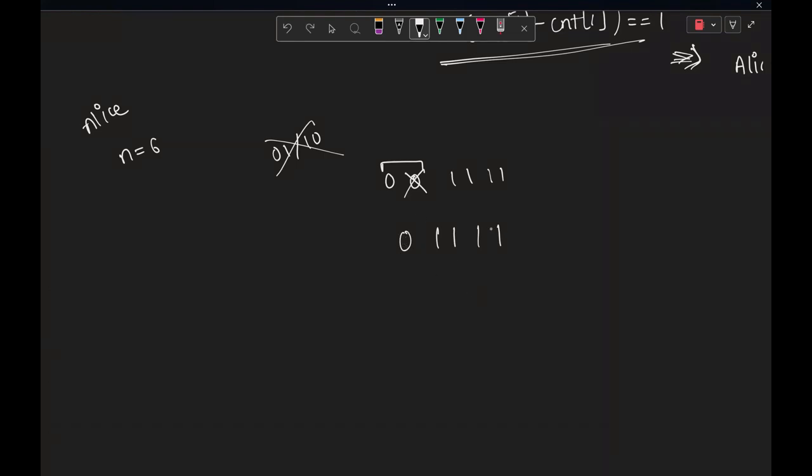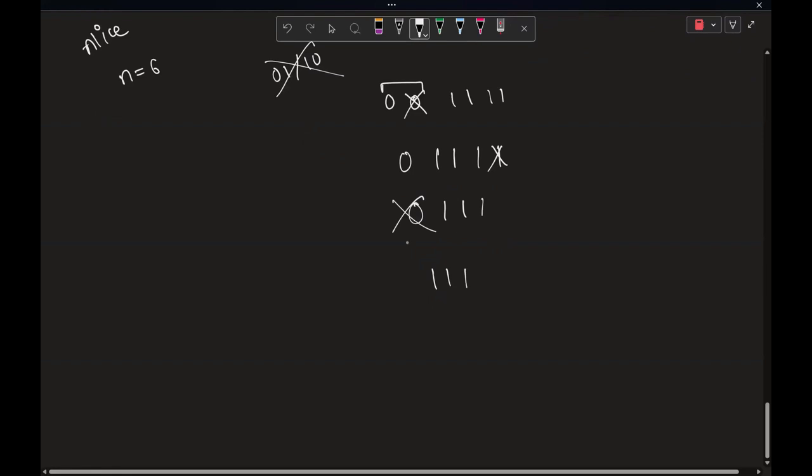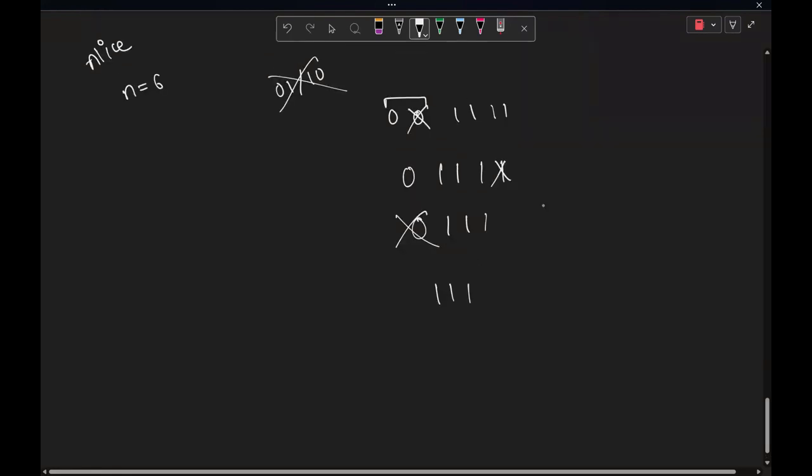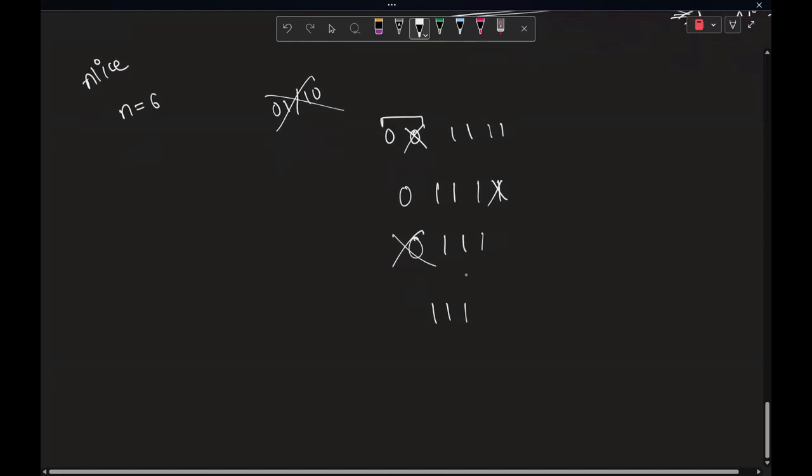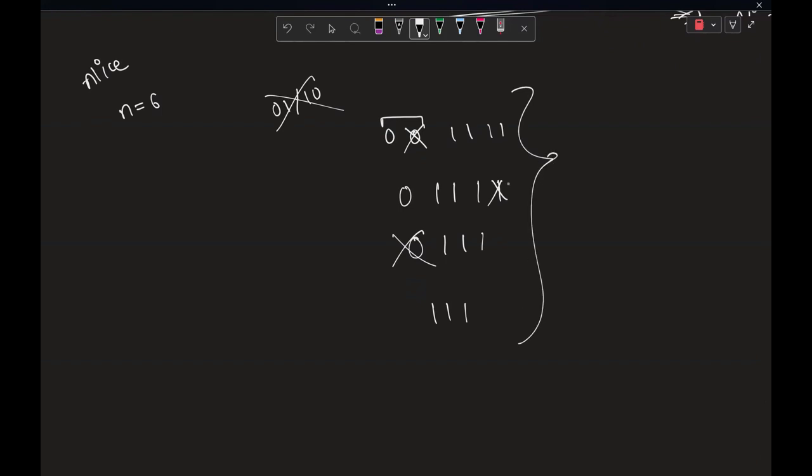And even if Bob chooses a one, it does not really matter because on the next turn, Alice will remove this and the string would be left in this way, from where Bob will lose and Alice will win. Right? Does it make sense? Does it make sense how Alice can decide what character to choose for a normal string?